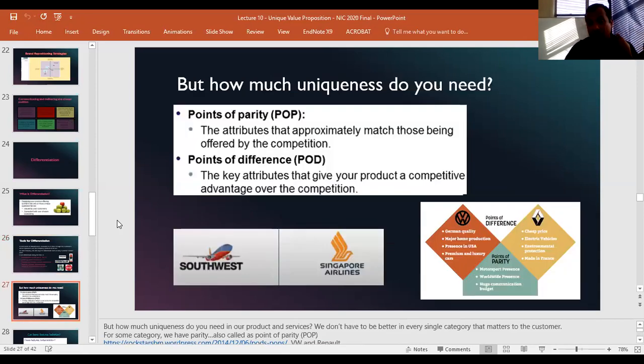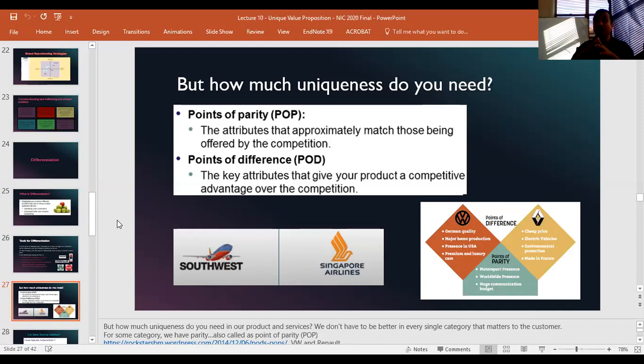But the question is, how much uniqueness do you really need? To what degree is differentiation really required, in terms of product or services? We don't have to be better in every single category that matters to the customer.